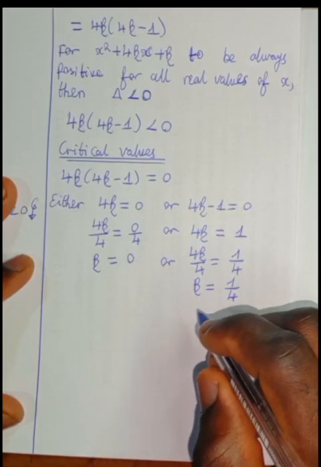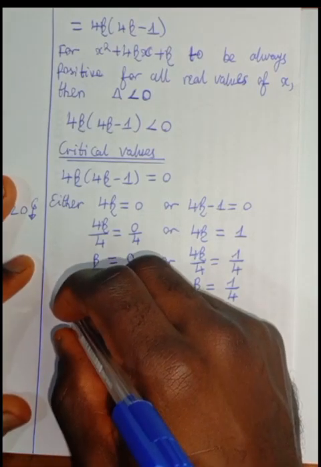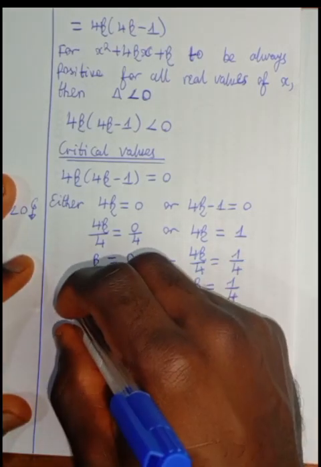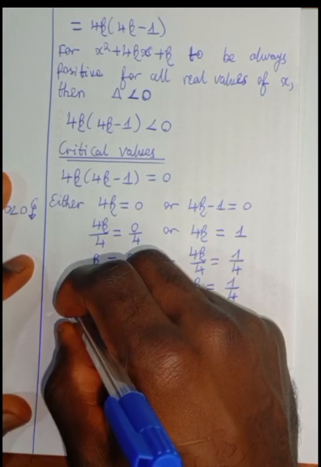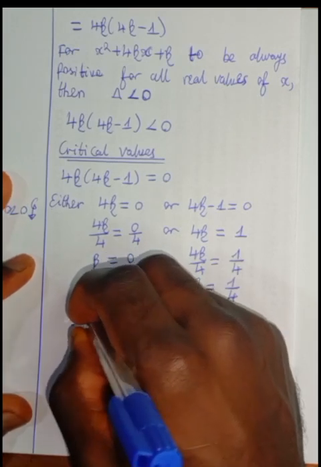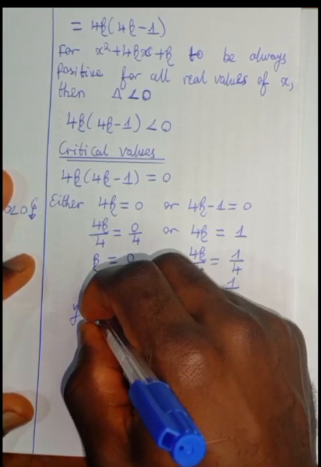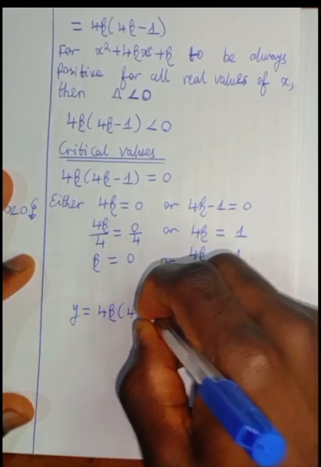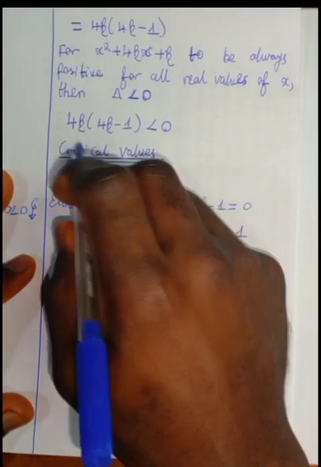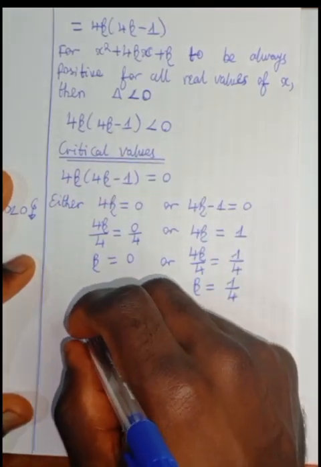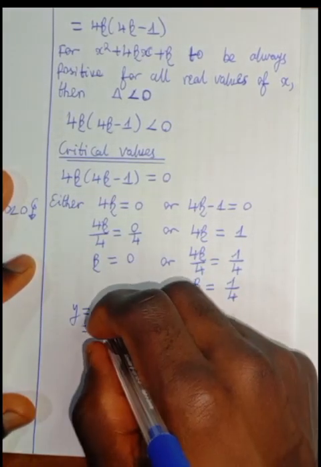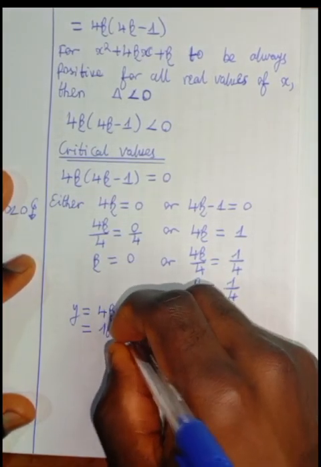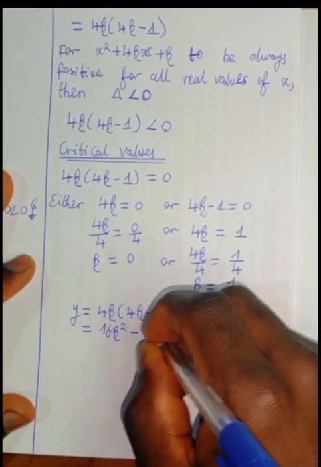So if we consider our quadratic function to be y equal to 4 beta times 4 beta minus 1, what we have at the left hand side here, we know if you expand this will give us 16 beta squared minus 4 beta.